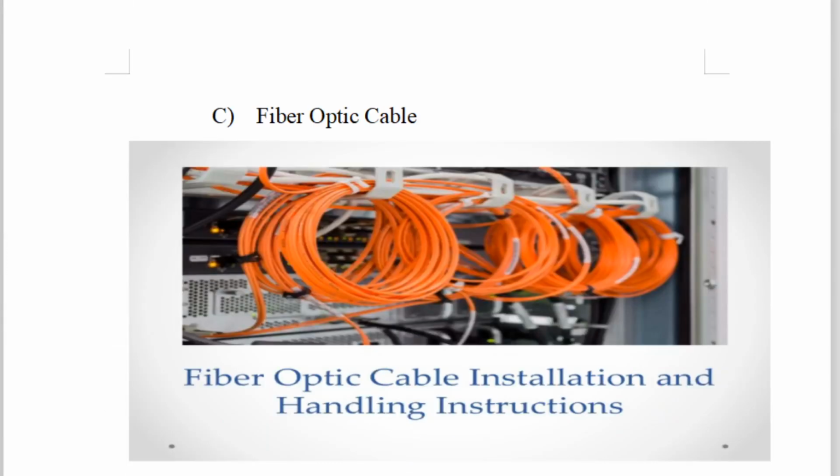And the third communication channel, which is widely used nowadays because of its speed, is the fiber optic cable. You might have observed such cables at various locations in networking, or very close to internet cafes.